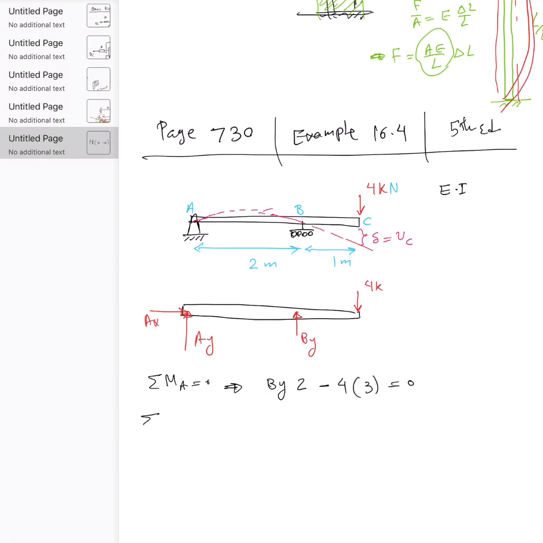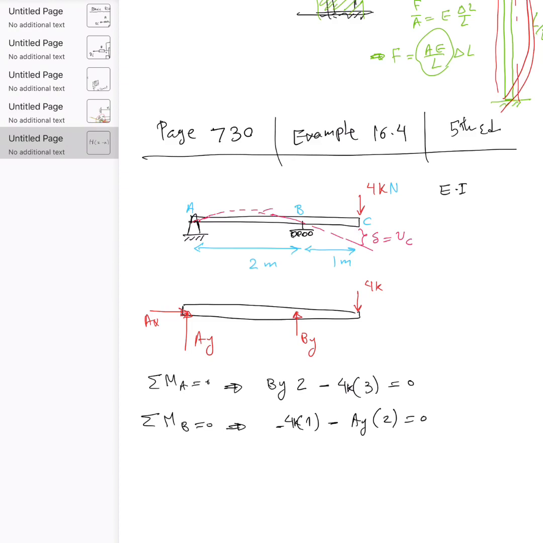The other equation, I write summation of moment about B. I could just simply say summation of force in y direction 0. So the second equation will give me 4 times 1. When I say 4, it's actually 4K. Don't forget this K here. So 4K times 1, negative. And then you get negative AY times 2 is equal to 0.